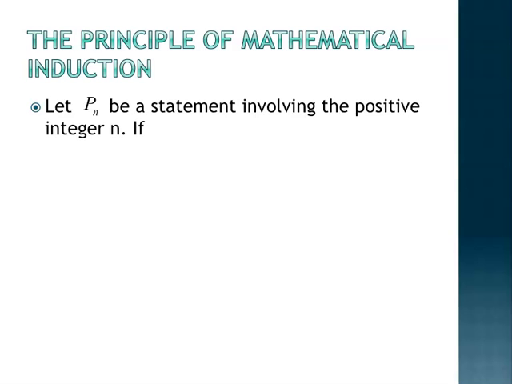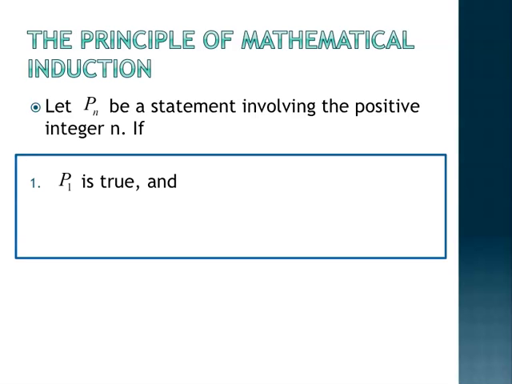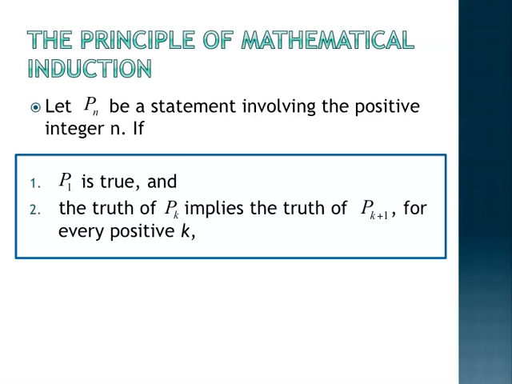Okay, so how this induction works is there are two parts to it. The first part is if P1 is true, so if it's true for n equals 1, for the first term in the sequence, and you know that the truth of P sub k implies the truth of P sub k plus 1 for every positive k. Okay, so this is where we're actually going to use k.